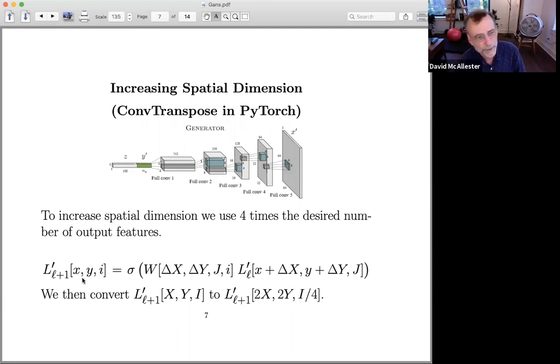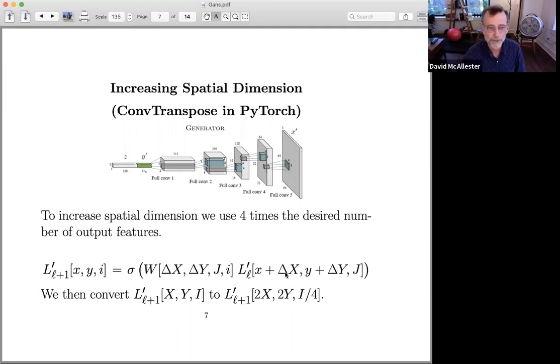So the first thing we do is we take some low spatial dimension image with a large number of neurons or features at each pixel, and we just apply a regular convolution. This is the same convolution that we saw before, and stride 1. So I can take one of these images, I do a stride 1 convolution, I get an image of the same size.